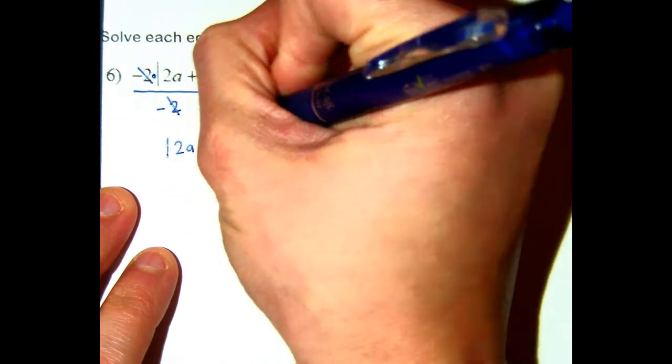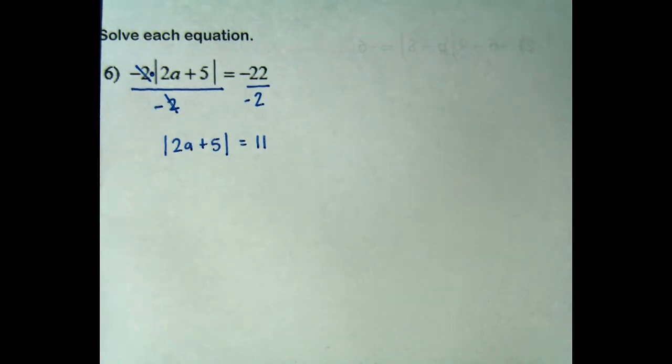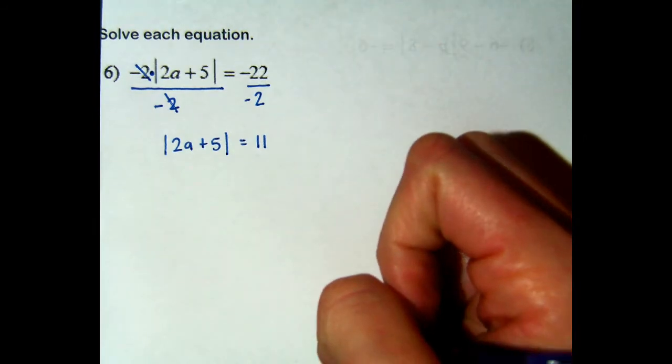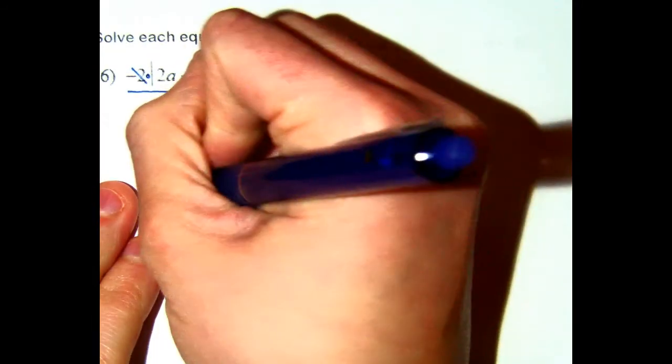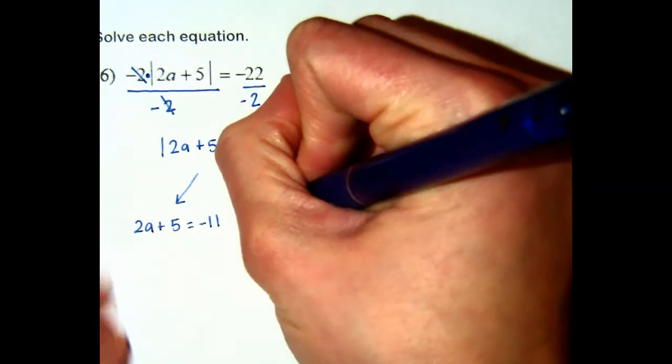So 2a plus 5 is equal to 11. Again, like yesterday, we have to create two cases because we now have our absolute value by itself. So a negative 11 and a positive 11.